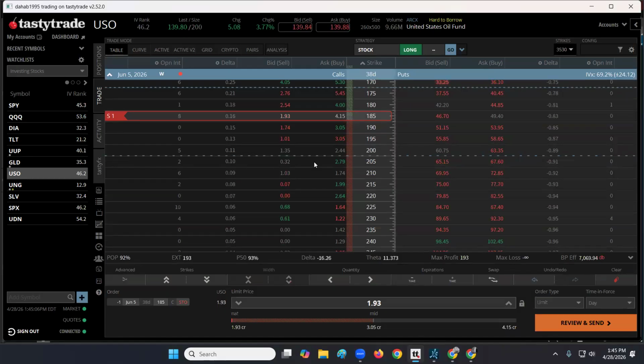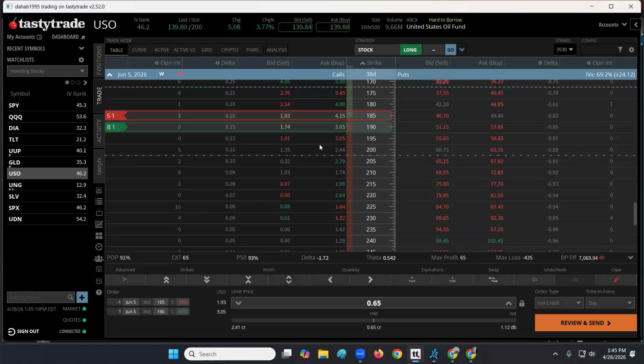Still do 5 strikes wide. And that's 190. Yep. So the short 16 delta, the long the 190, collect 65. It's lower risk. Still a good amount of money, but again, you're tying up $500 margin on each of these contracts I do.